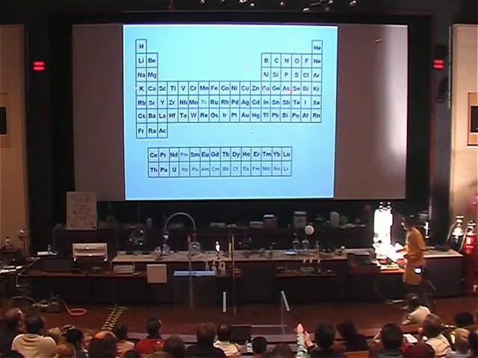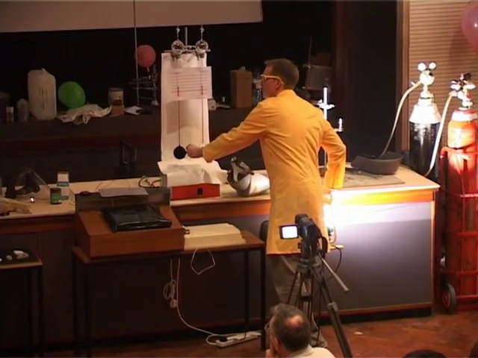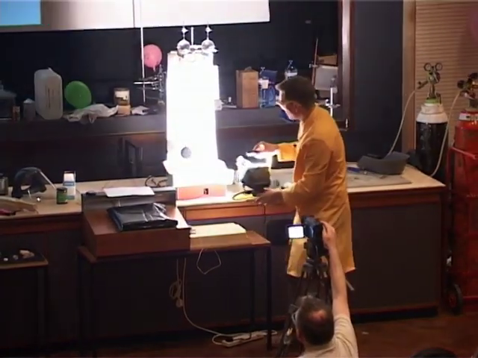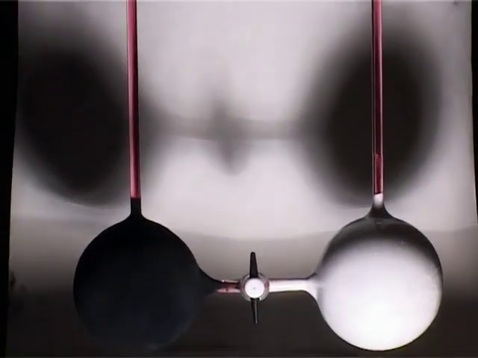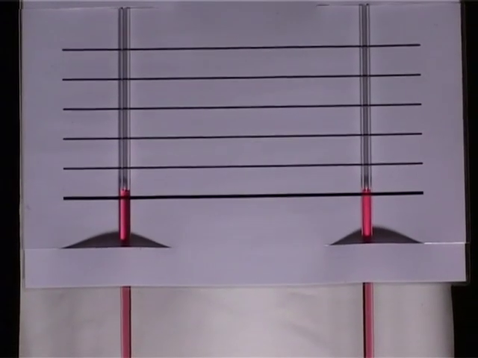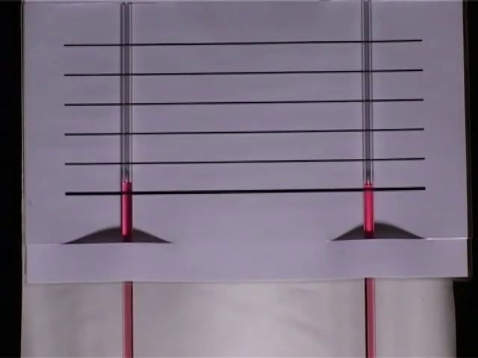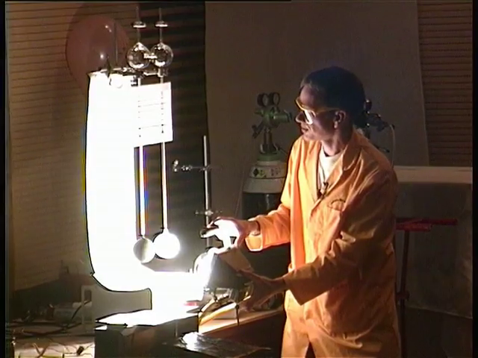Okay, what else can we do with this energy? Well, different things can also absorb this light energy, and I have here a very special thermometer. And one of the bulbs of my thermometer is painted black, and the other one is painted white. Now, we started off with these two levels here equal, but as I shine the light on this, you should be able to detect, and it takes a couple of seconds to get going, the black thermometer, the bulb on the black one, is going up faster than the bulb on the white side.